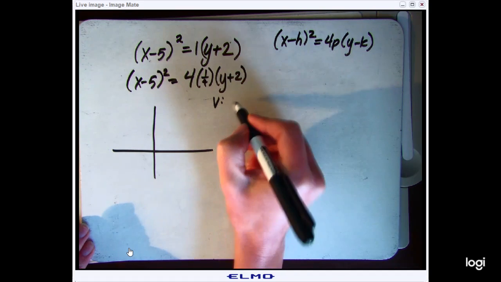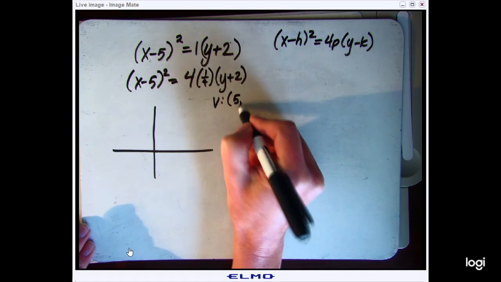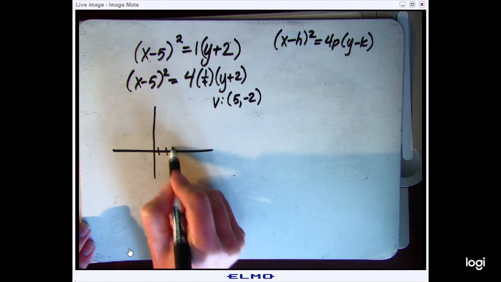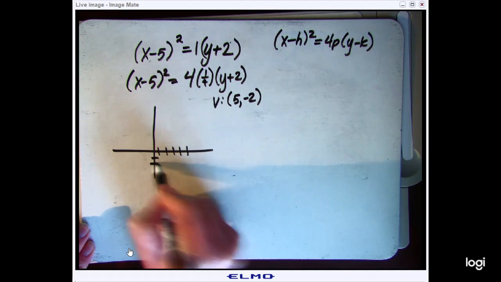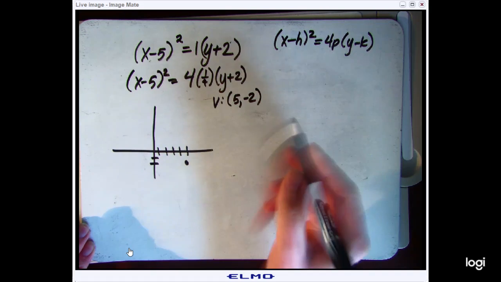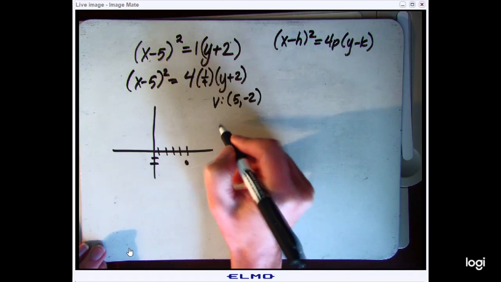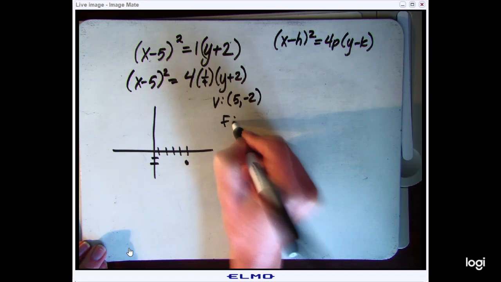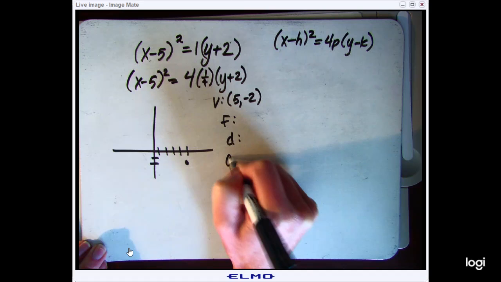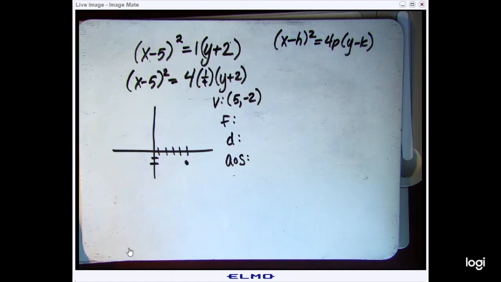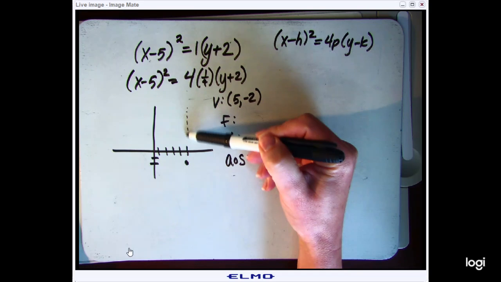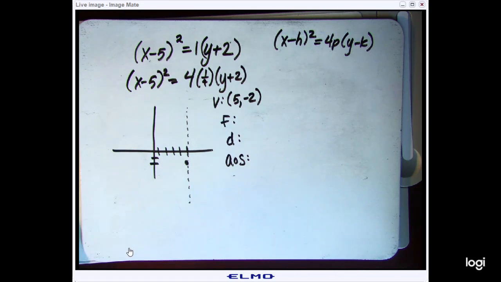All right, our vertex is at (5, negative 2). So let's go ahead and graph that. 1, 2, 3, 4, 5, negative 2. Okay, so it will ask for your vertex, and it will ask for your focus, and your directrix, and your axis of symmetry. So I know this opens up, so I know I have an axis of symmetry right through that point.